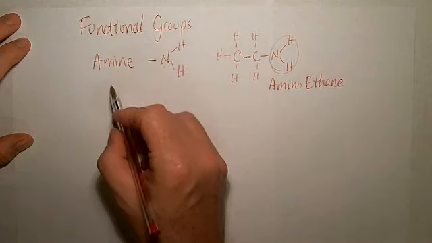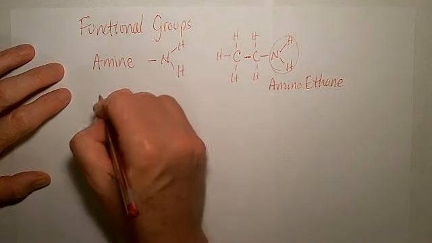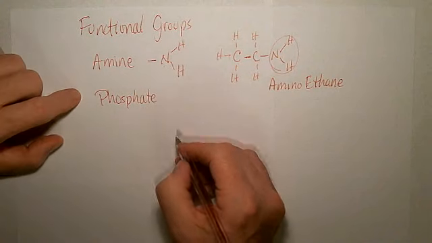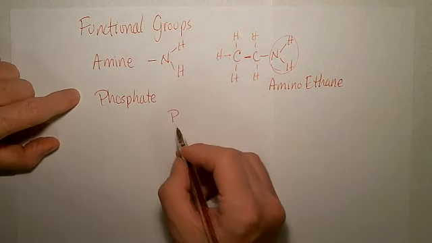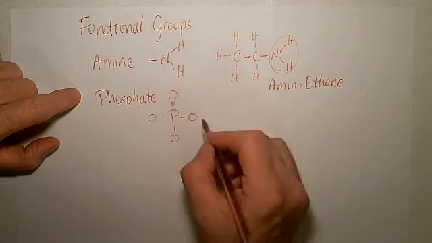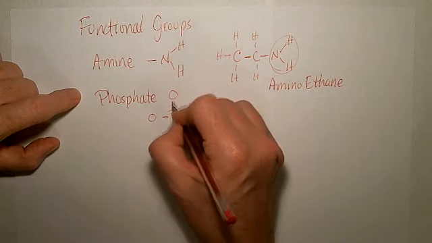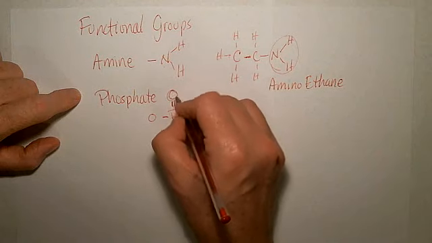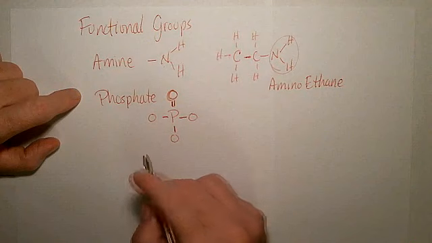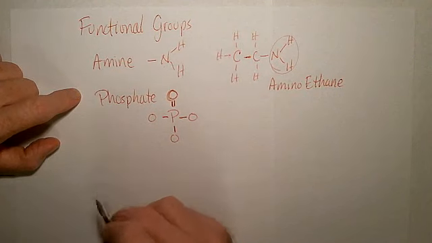Okay. Now the last one is a phosphate group. And a phosphate group has a phosphorus molecule that is surrounded by oxygen molecules. Now notice here that in all the cases we've kind of been showing oxygen having at least 2 bonds, and oxygen does have an oxidation number of -2.